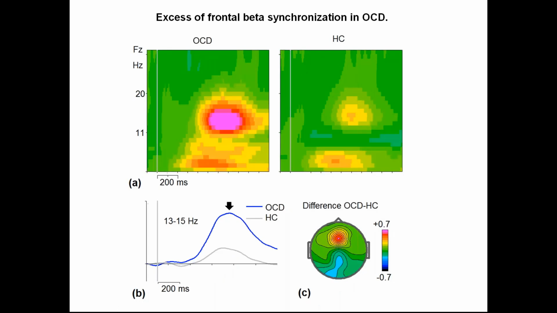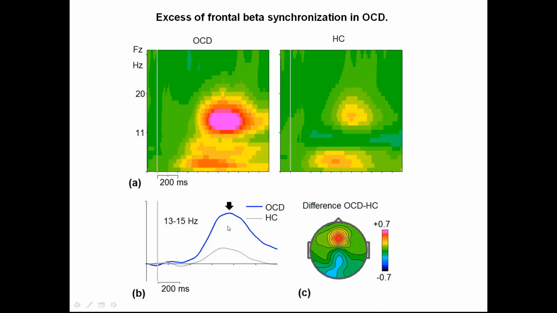Just for comparison, here I show just the opposite. Here I show the group wavelet analysis for OCD, obsessive compulsive disorder patients, and the healthy control. As you can see, OCD patients show just the opposite pattern. They show overactivation of the frontal lobe.